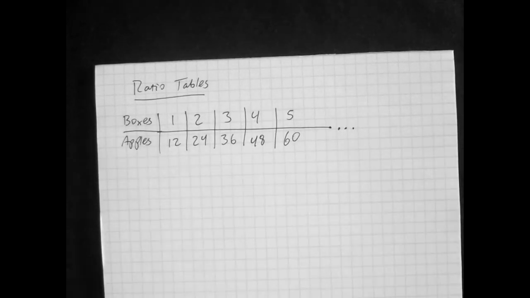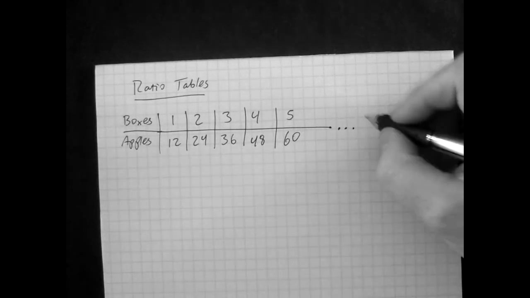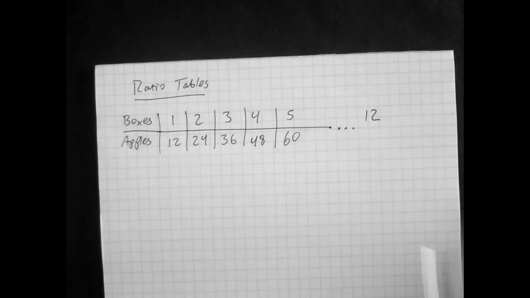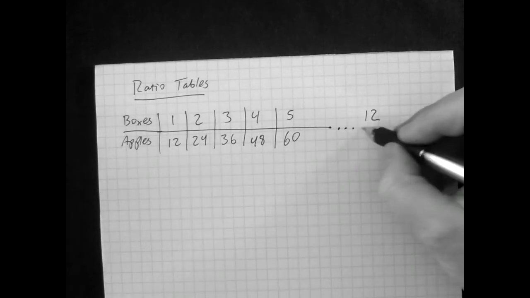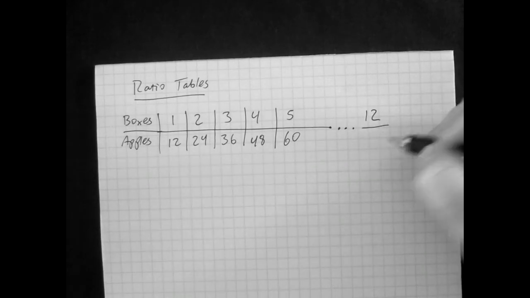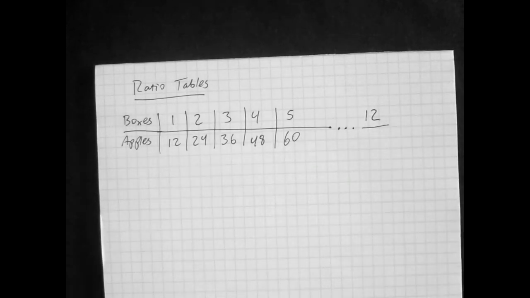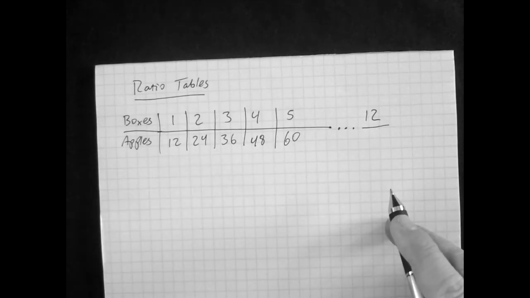And let's say we were trying to figure out, though, how many apples could you fit in 12 boxes. Now I know that you guys can use your multiplication facts and come up with an answer to that very quickly, but I want us to learn about ratio tables as a way to visualize proportional relationships, which is why we're going ahead and mapping it out this way.